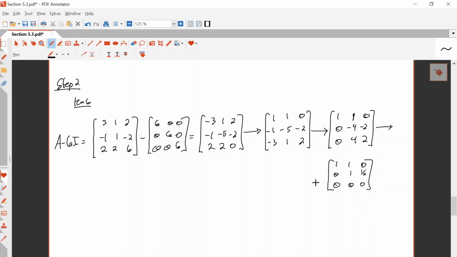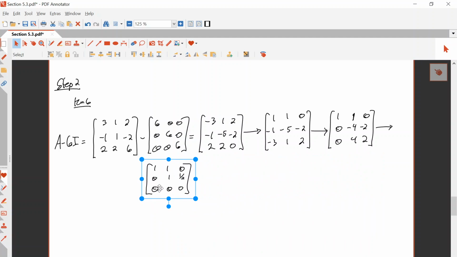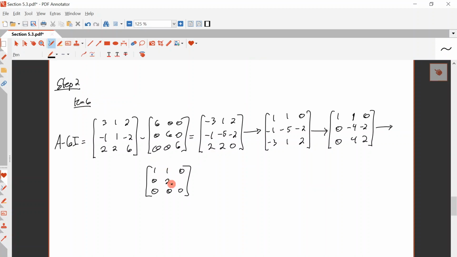And then subtracting, actually I'm going to leave it as 2, 1. And then, no, I guess 1, 1 half. Subtracting this from here, you get 1, 0, negative 1 half, 0, 1, 1 half, 0, 0, 0.